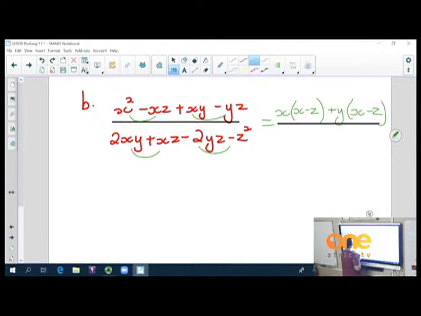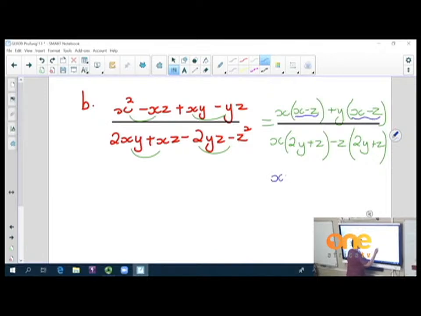Right, if we look at this one, I can take out the common one of x, then I have 2y plus z, and then here I can take out minus z. Now check for the signs, and then you have 2y plus z. Double check. If we multiply in there, we have negative 2yz. There we have negative z squared. Grouping is a double HCF, so I can take out that one there.